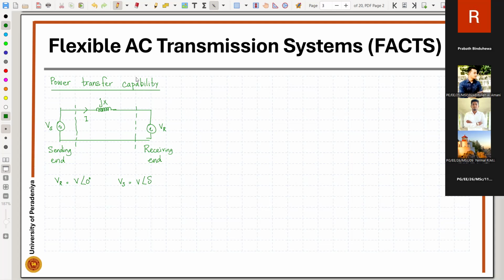Can you quickly work out what would be the apparent, active, and reactive power?